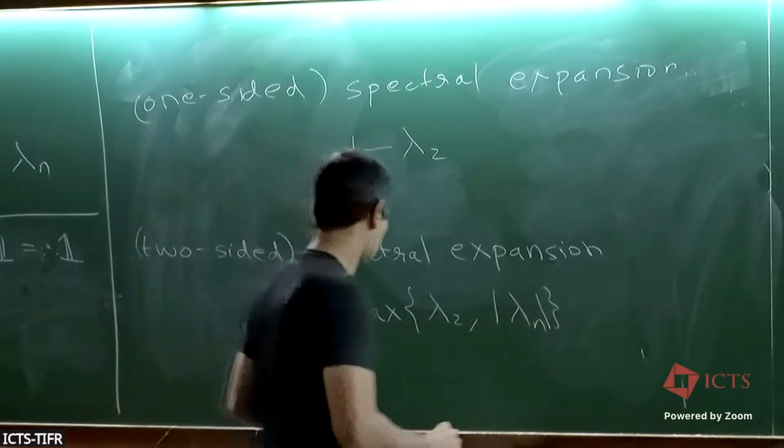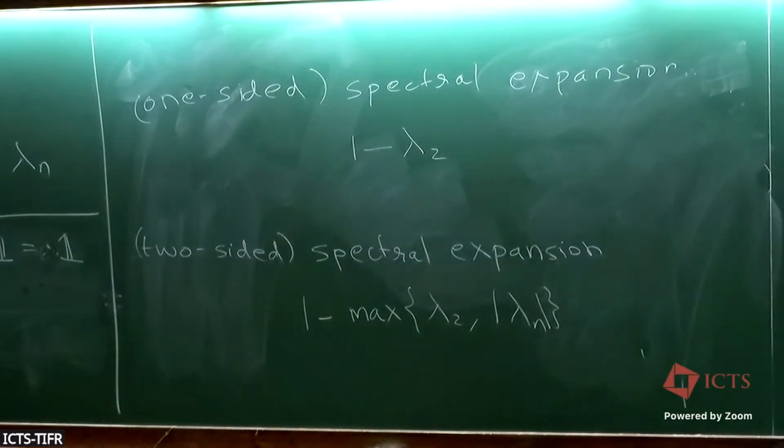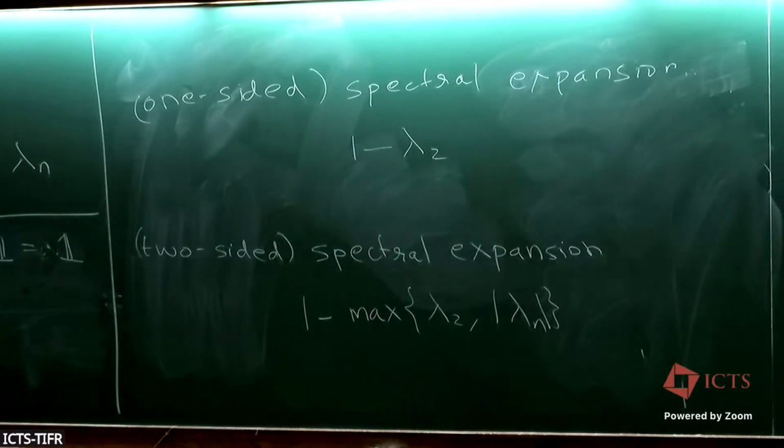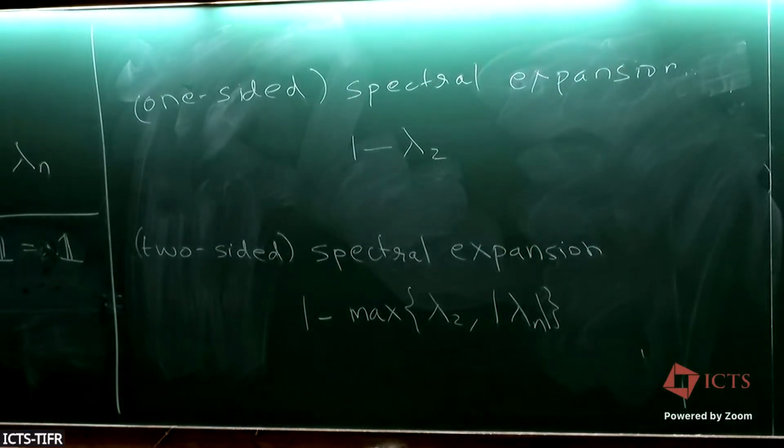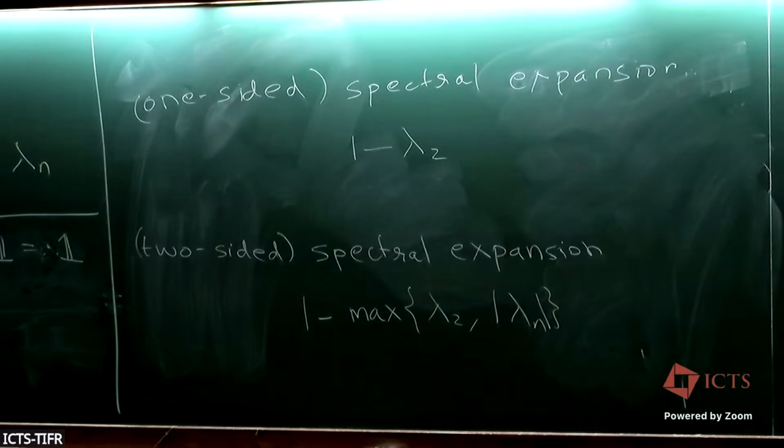So you arrange the eigenvalues. If you are looking at the largest eigenvalue in absolute value, that also is 1 by the argument in terms of row sum. And if you are looking at the second largest in absolute value, it can either be this one, or it can happen that this one is negative, but it's really, really negative.